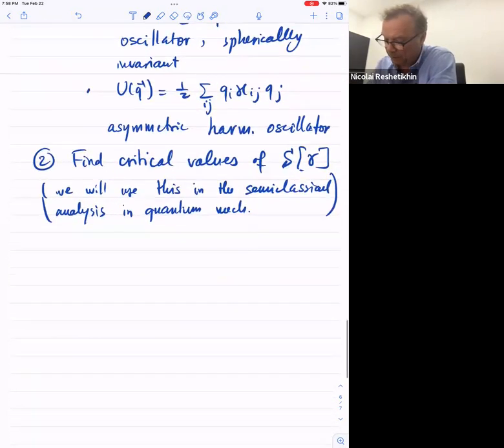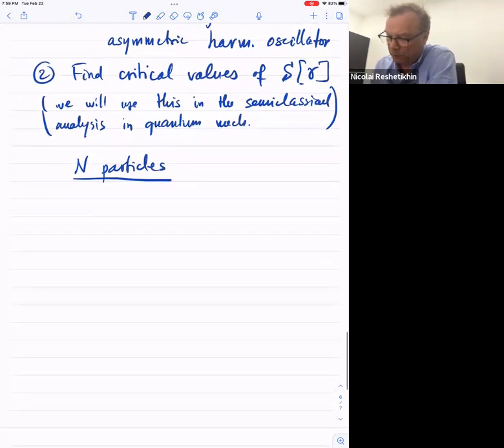But now we know that it's a rare event when we have a single particle. In any reasonable system, we have many particles. So let's look at n particles moving according to Newton's law.